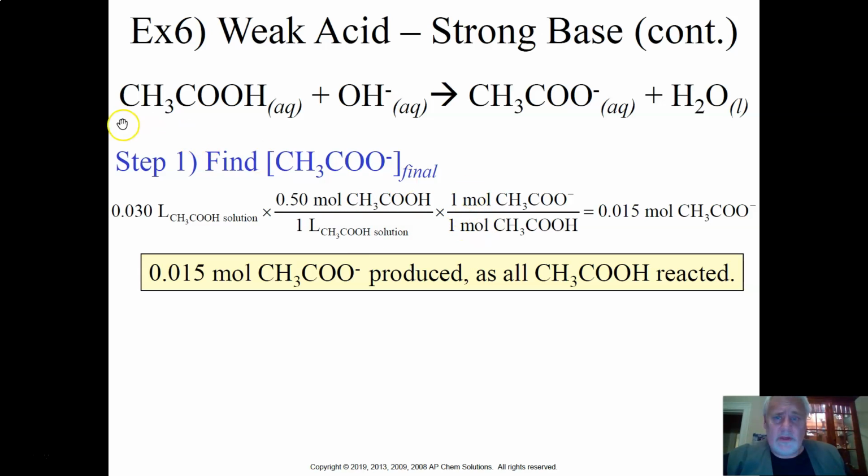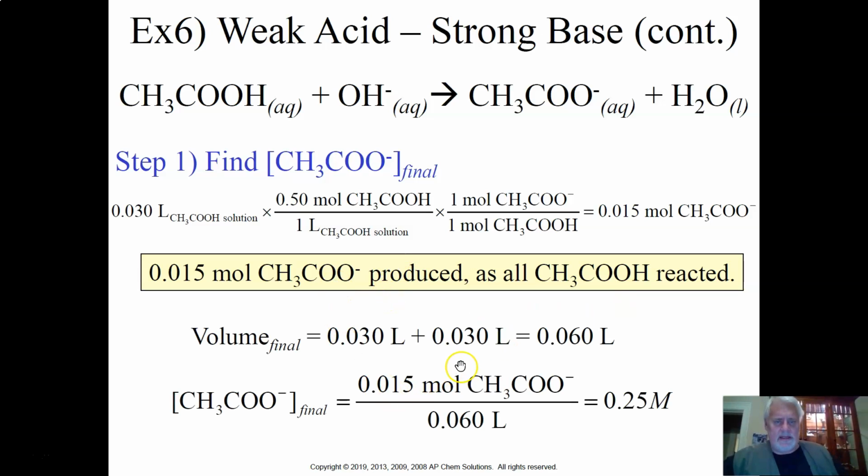And this is in a 1-to-1 molar ratio, so there's this many moles of the acetate. And that's produced because all the COOH reacted, and it did that because there was exactly enough bullies to do that. So you can predict that the amounts will be the same. So it actually makes the problem easier, but you got to check it too.